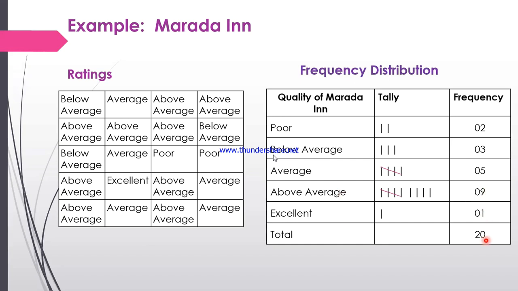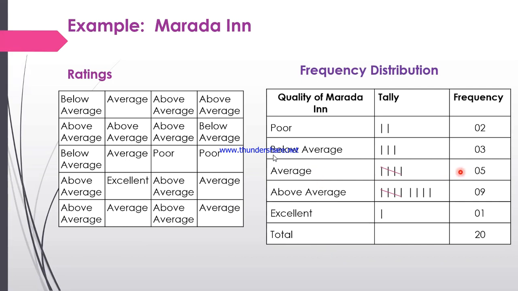Only 50% of the respondents rated it as above average, while 15 means 75% of the respondents rated it as average or above average.